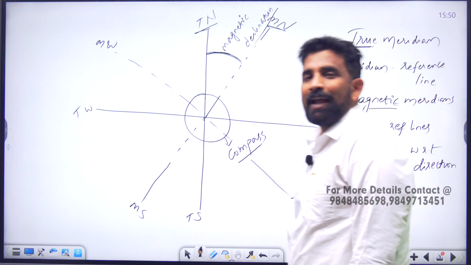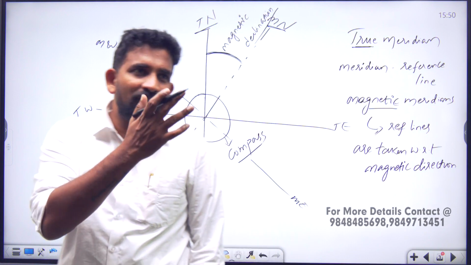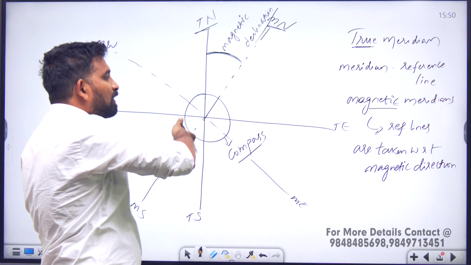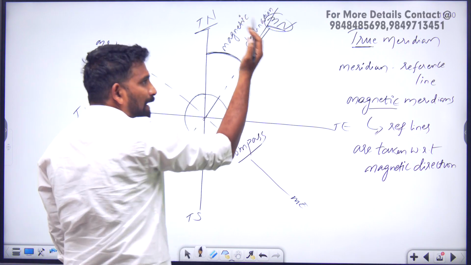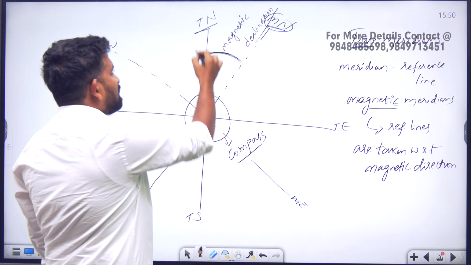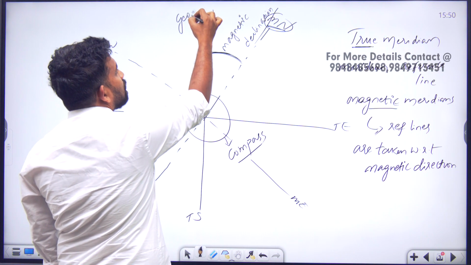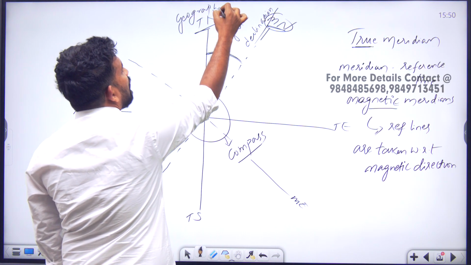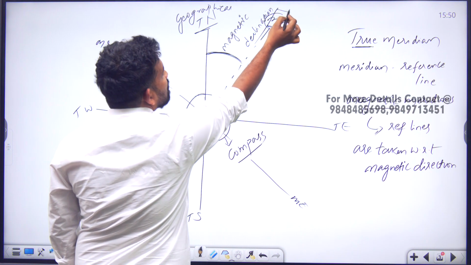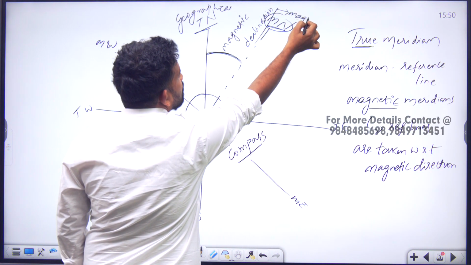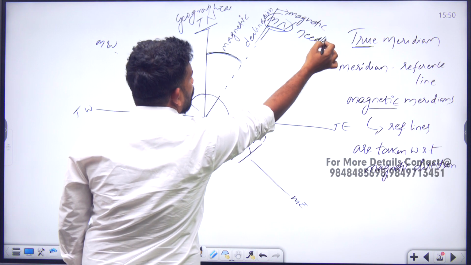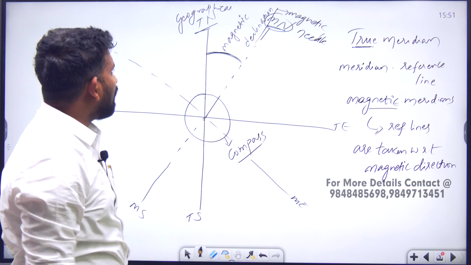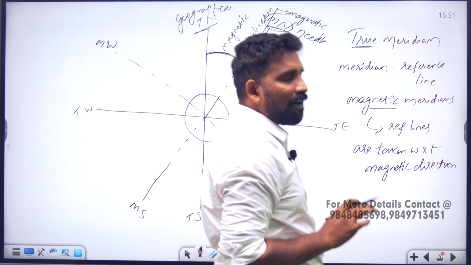Magnetic meridians are the lines that we are using with respect to the magnetic compass. These are the geographical directions. These are the magnetic directions, or magnetic compass directions, magnetic needle directions.